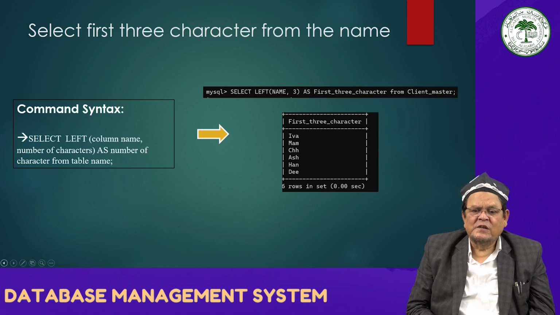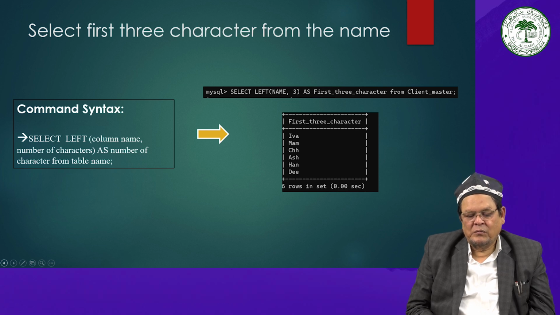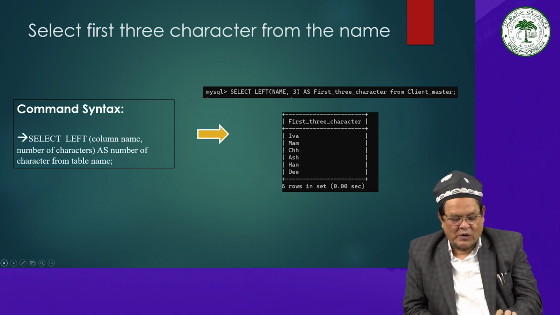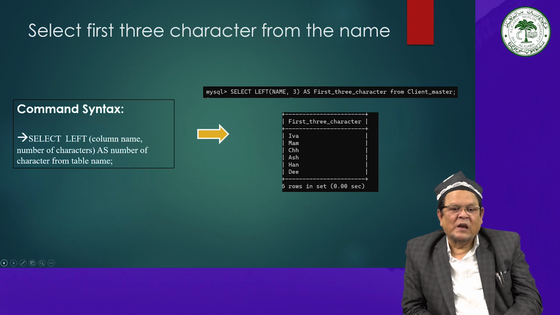When you run it, it will show the first 3 characters like this: Eva, Mam, Cha, Ash, Han, and Dee. It will show 6 rows. So that is using left.